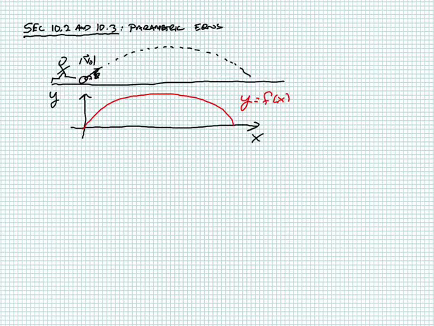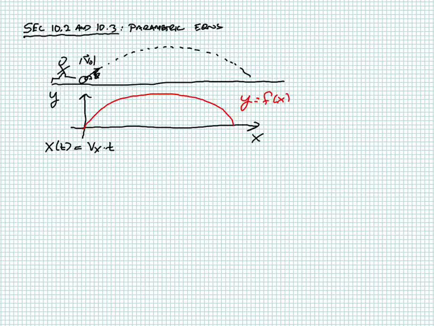If we look at our equations for this projectile motion, we know that x as a function of time is equal to v sub x, the x component of velocity, which would be the initial speed times cosine of theta, times the time at any given point.